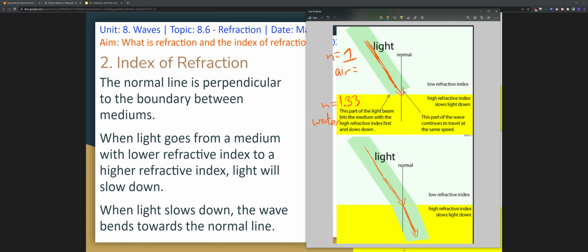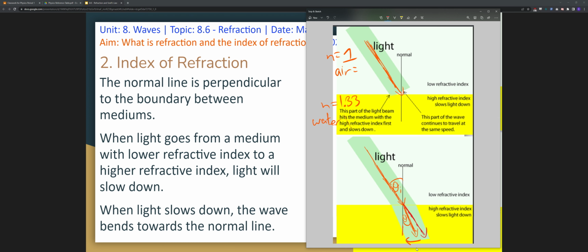Well, where does it bend? How does it bend? You'll notice that the incident angle is greater than the angle here. And you'll see that the light wave bends towards the normal line, right? Because if the wave was just going straight, it would go this way.